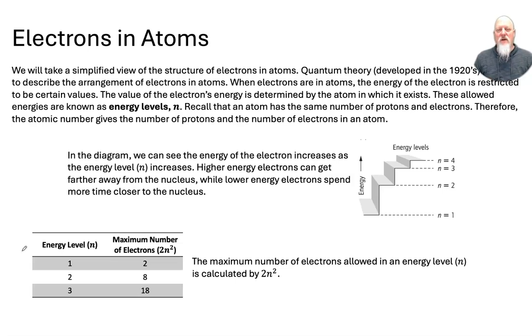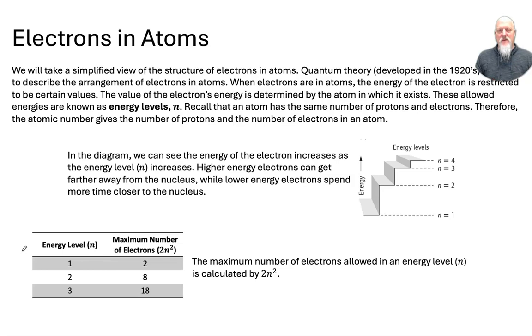In the 1920s, quantum mechanics and quantum theory gave us information about the atom, telling us that electrons could only have specific energy values. Remember, they're particles moving around, so they've got energy. And they're being attracted to the nucleus. So they have both kinetic energy because they're moving, and potential energy because there's an attractive force working on them.